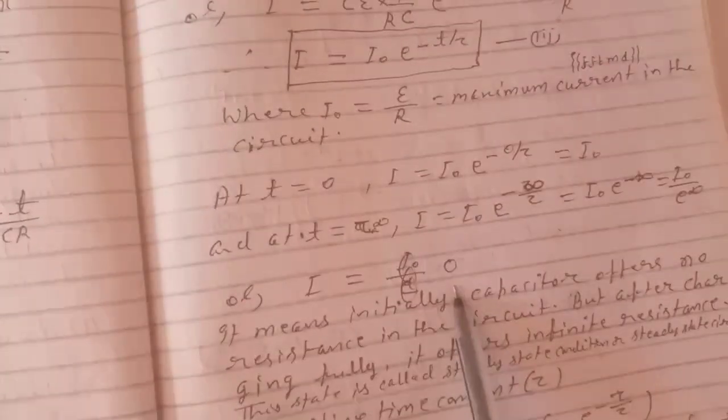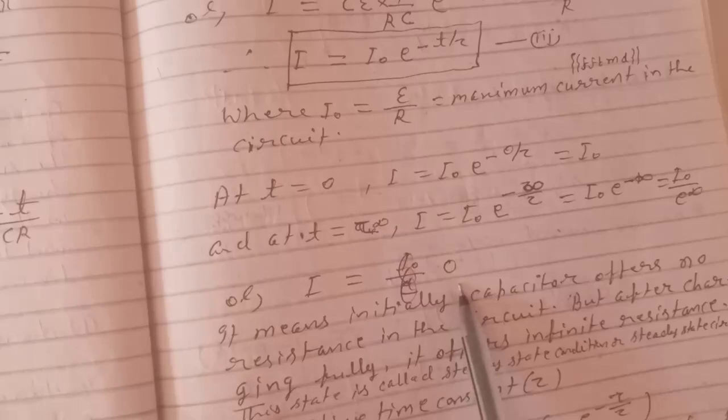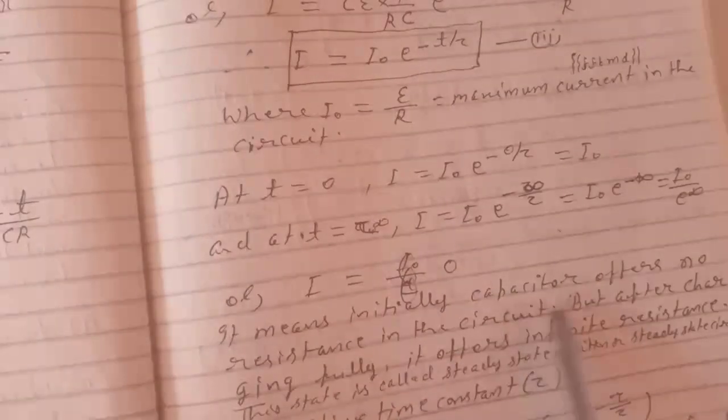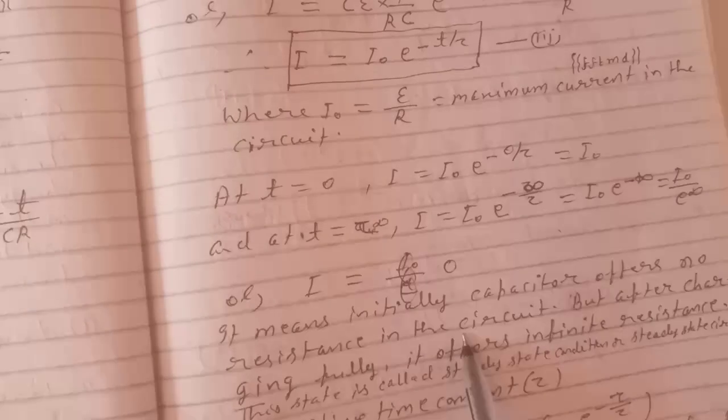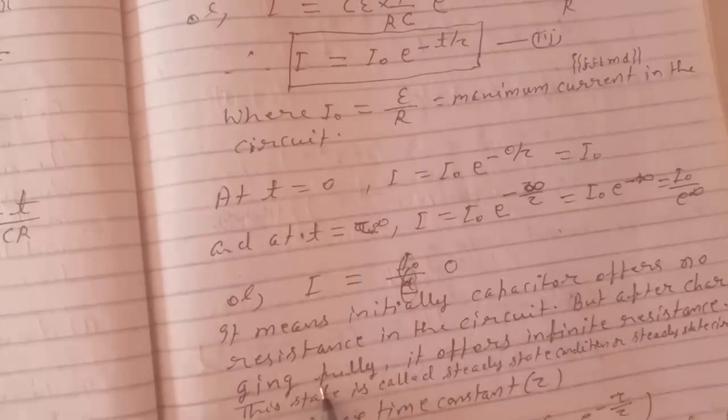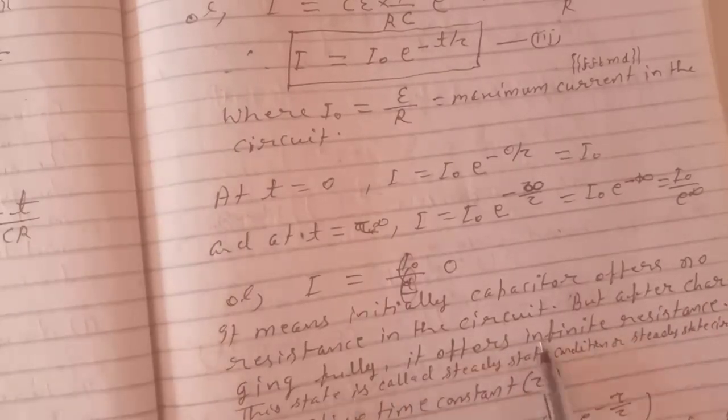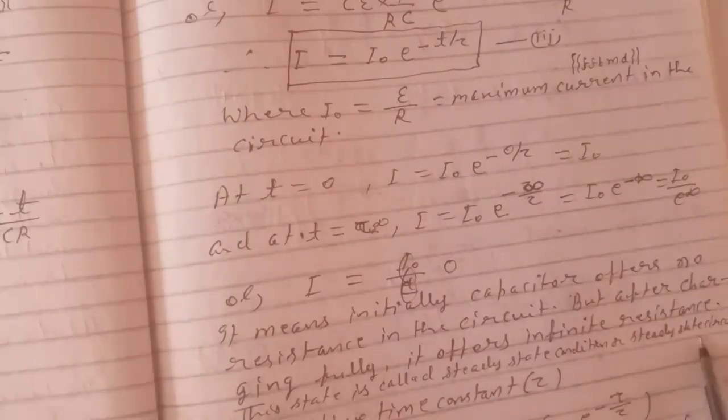That is, after infinite time the current in the circuit becomes 0. It means initially the capacitor offers no resistance in the circuit, but after charging fully it offers infinite resistance. This state is called a steady state condition or a steady state circuit.